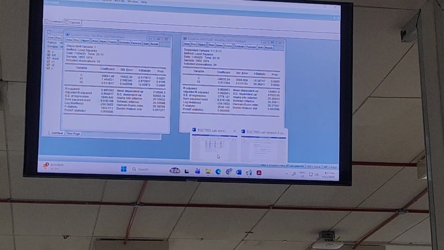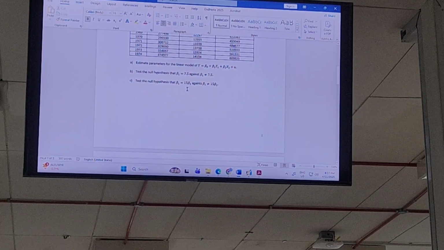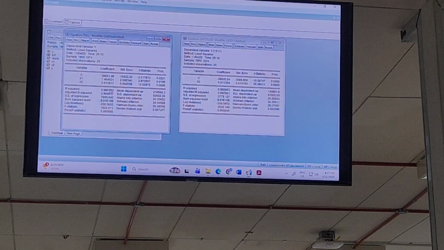Now 1C, test another hypothesis: beta 1 equal to 15 times beta 2. So coefficient number 2 equals 15 times coefficient number 3. In your model just now, the first coefficient is for the intercept, this one for beta 1, this one for beta 2.